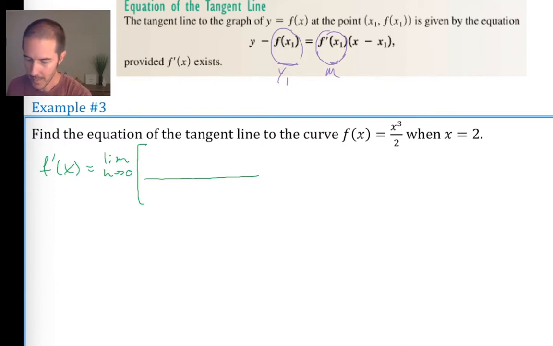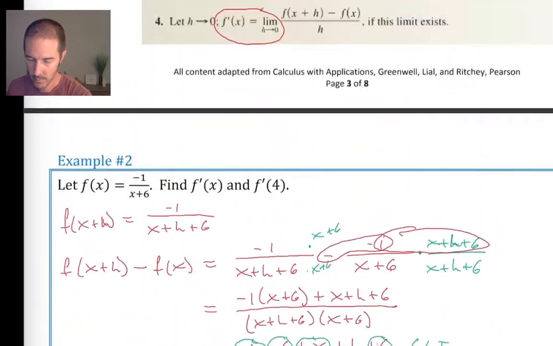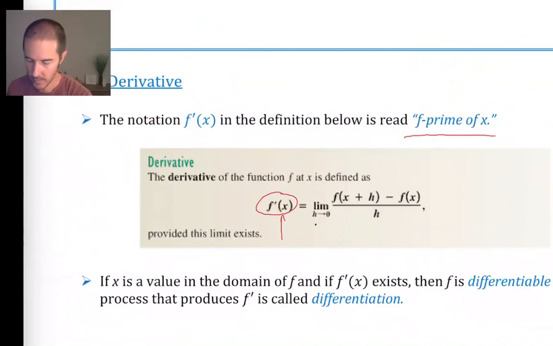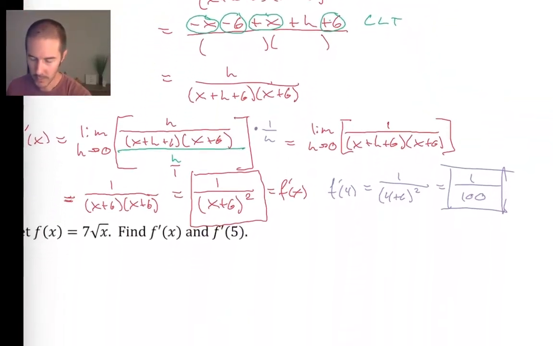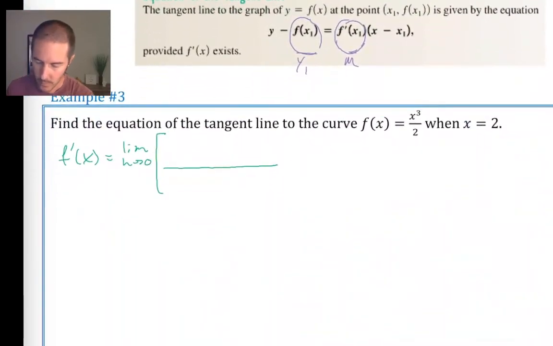f of x minus h, right? Don't forget. Let's go all the way to the top. So I said f of x minus h. F of x plus h, because we're going to start at that point R and then move to the right a little bit. So f of x plus h, so we're plugging in an x plus h in place of x.